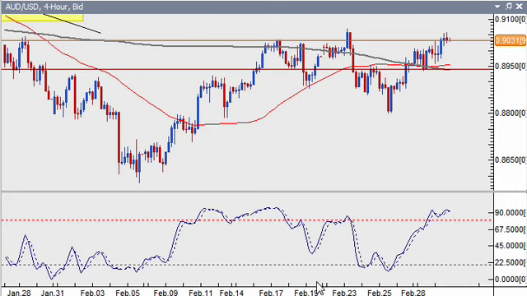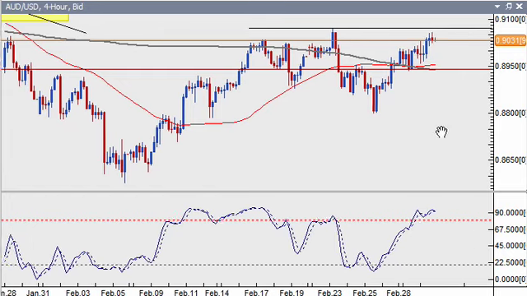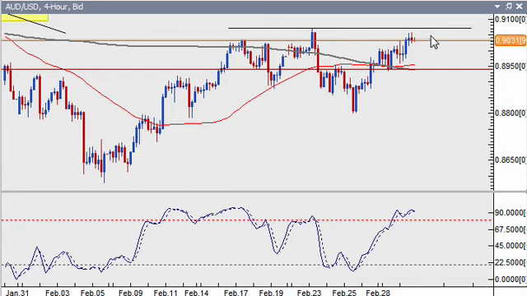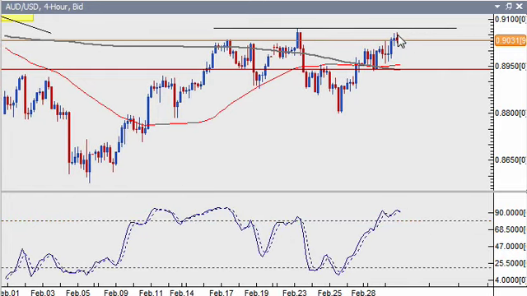But again, an important level here is this previous high, which the market will be testing in the Asian session. Again, we may have some bearish near-term forces here. And ultimately, if it does break above, look for the market to head to 0.92 in the next swing. That's it for the Aussie dollar.